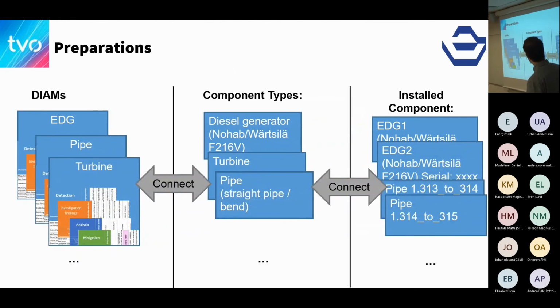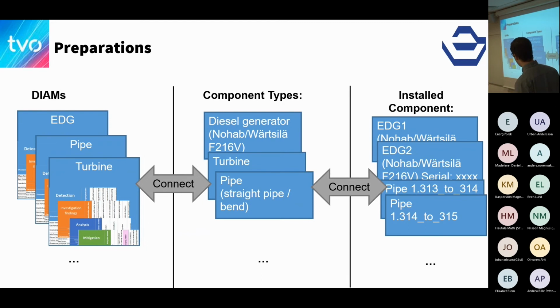So this is a slide regarding the database and the pre-steps, the pre-steps before we can start these DIAM inspections. These are areas that need to be created and connected together in the database, and we have user interfaces to do these connections.